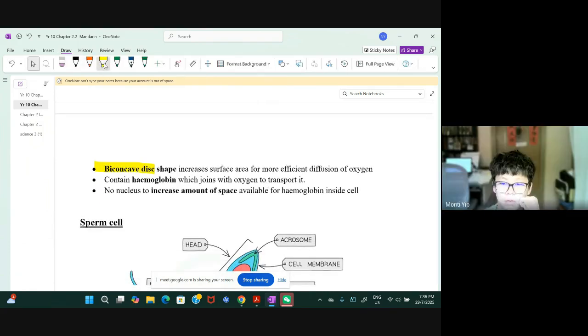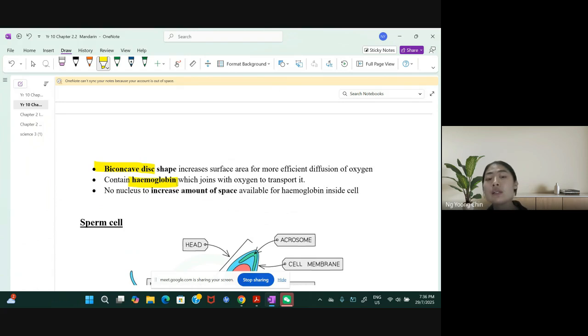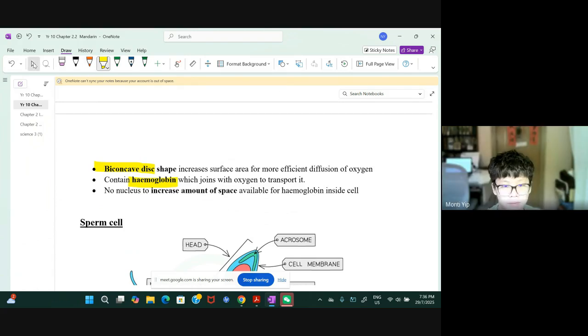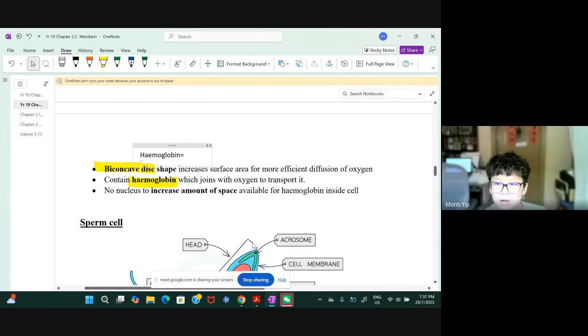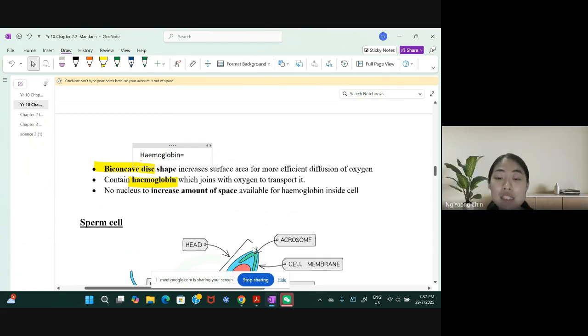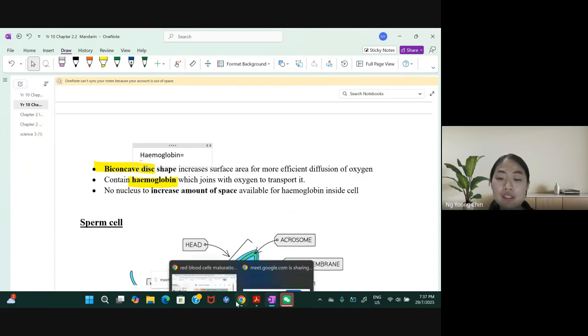I think you have seen this word before. What is hemoglobin? It's the things in the blood cell. Yes. So I give you 3 choices. Tell me, is it carbohydrates, fat, or proteins? Which one?